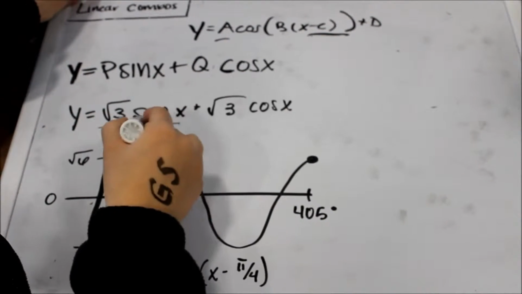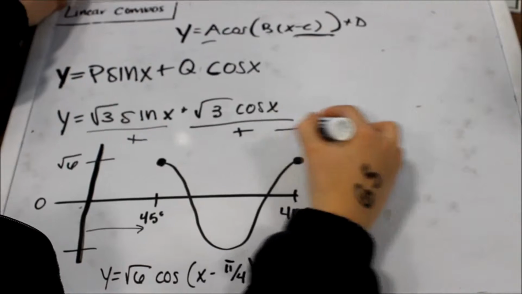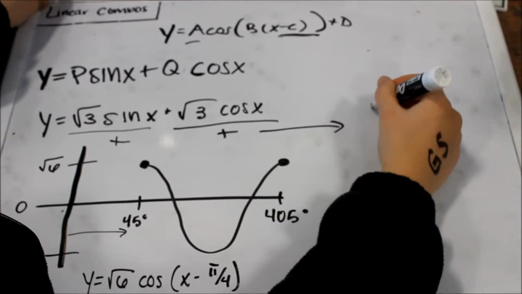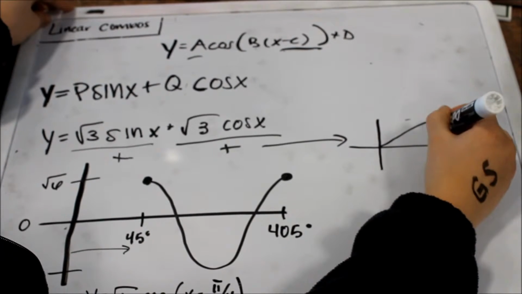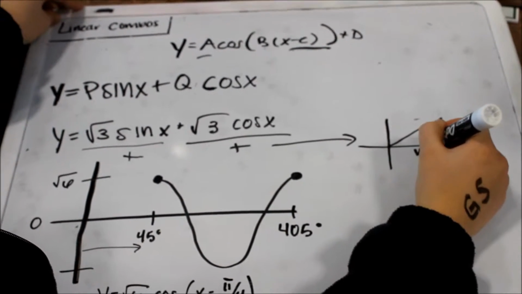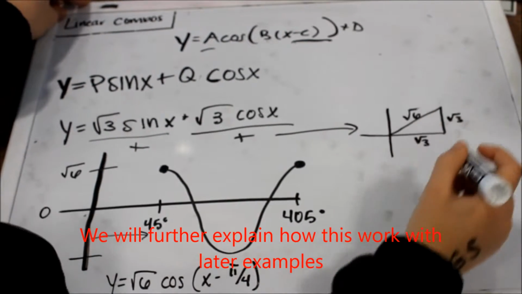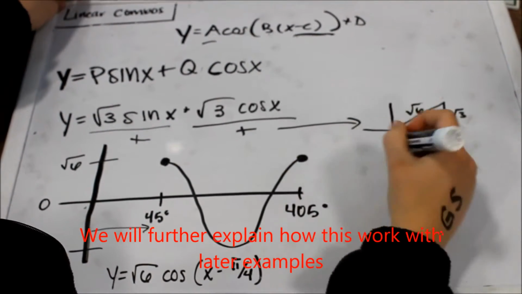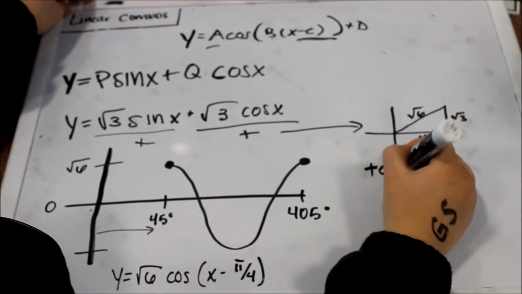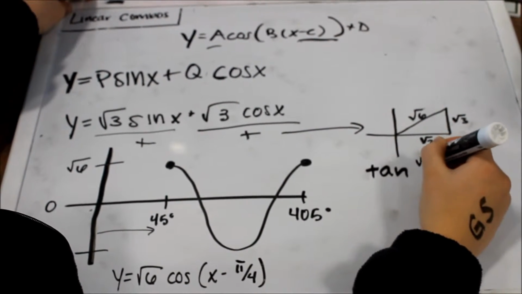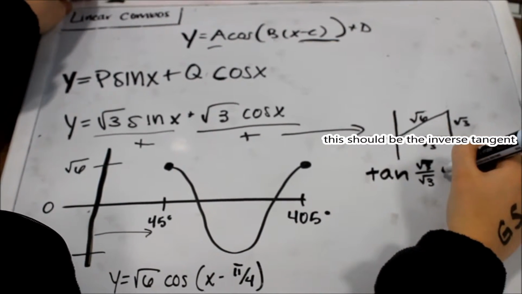Since sine is positive and cosine is positive, we know that on the unit circle, this triangle will be in the first quadrant. So this is square root of 3, and this is square root of 3, then that will be square root of 6, and we can find where it will shift to using tangent: opposite, which is square root of 3, over adjacent, which is also square root of 3.